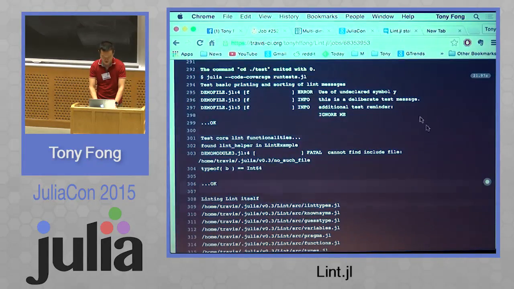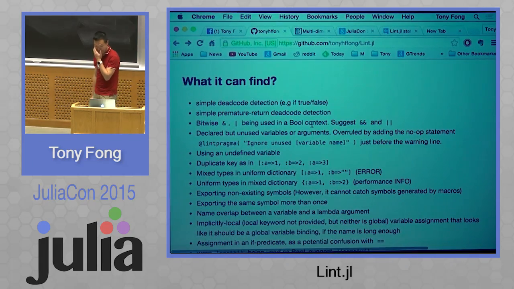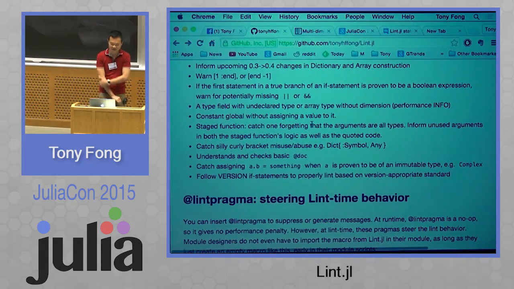So I can show you. If you go to the Lint packages, there's a pretty long list of errors and anti-patterns, so to speak, that it can catch. I'm particularly fond of this one. I think it caught quite a few people by surprise, including myself.